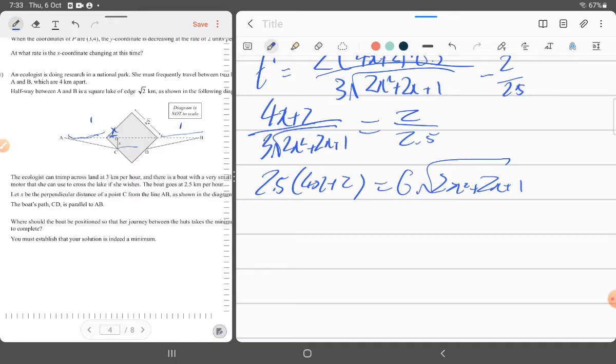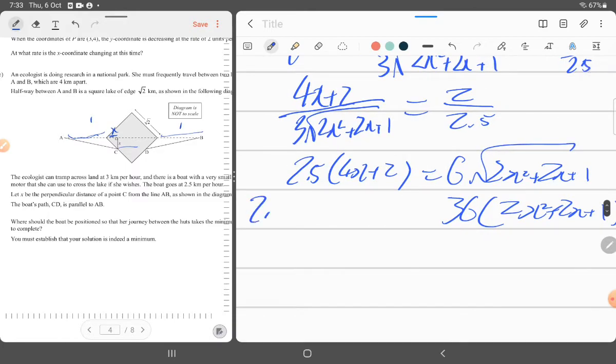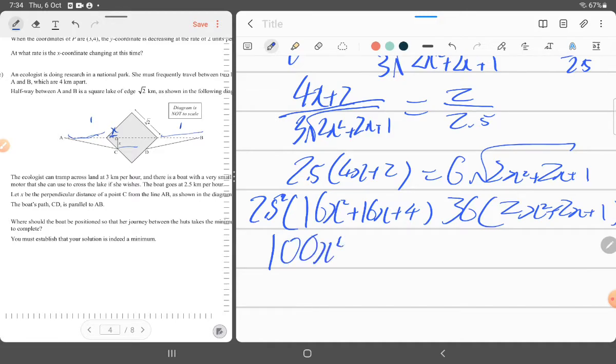So we square this side, which is 16x squared plus 16x plus 4. Wait, what's 2.5 squared? No, that's 6.25. Yeah, that's okay.